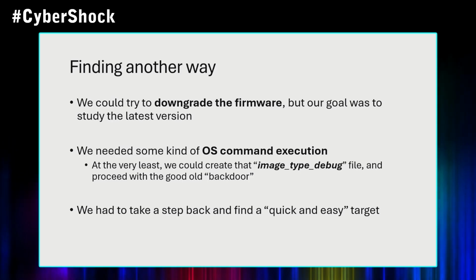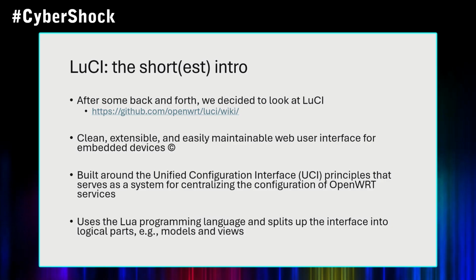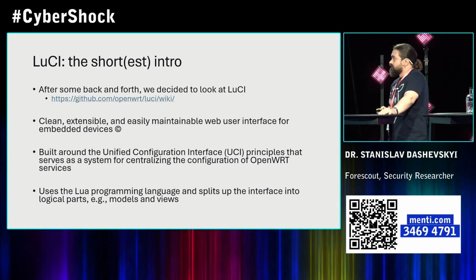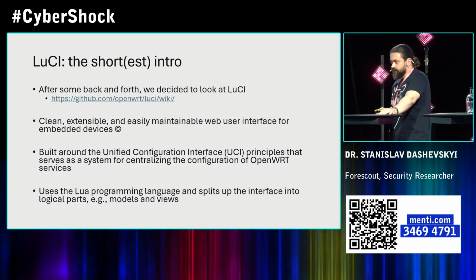And basically, for that reason, we had to find another target, look around the firmware, and see what would stick. And this is the actual target that we found. It's called LuCI. It's an integral part of OpenWRT. It's a very popular project used to configure embedded devices.